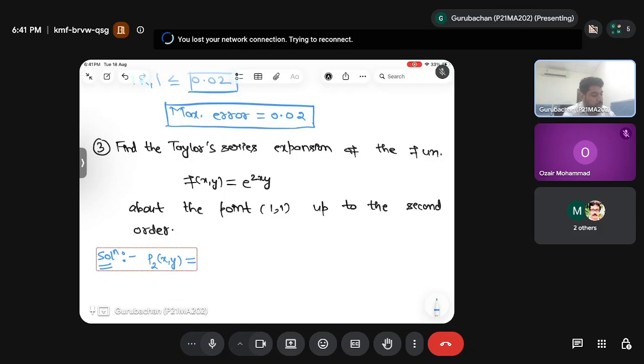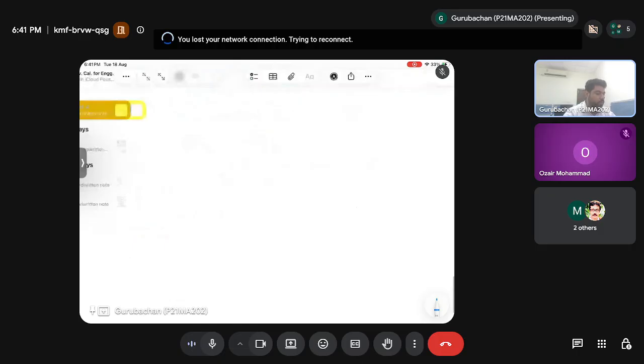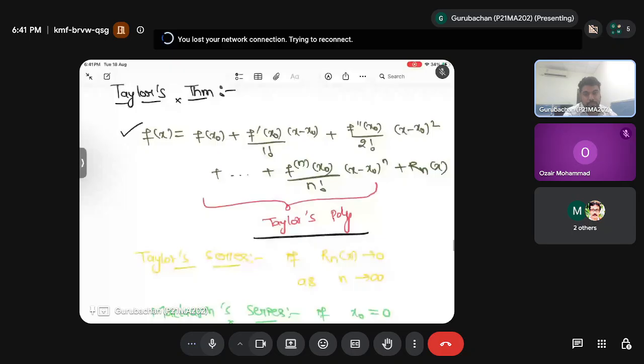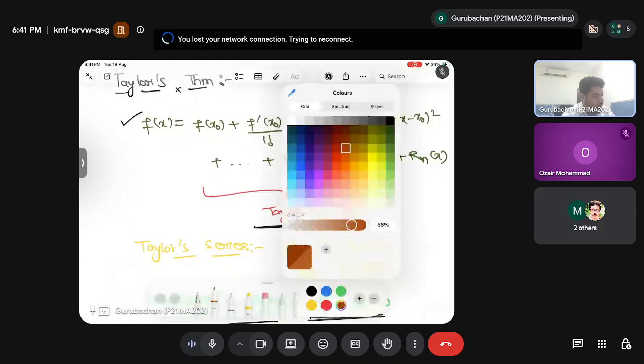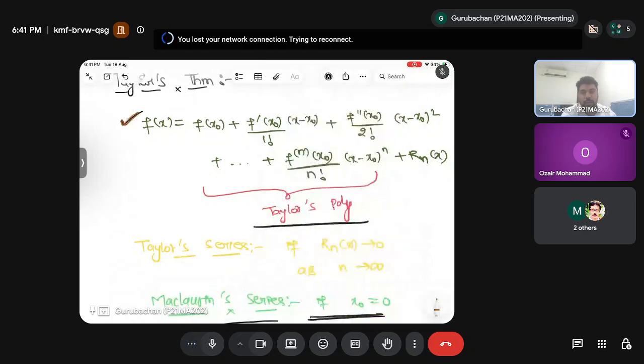See, in the previous class we have also discussed this. Let me go to that one. Is the screen visible? Yes. See this one, this is your Taylor's theorem.